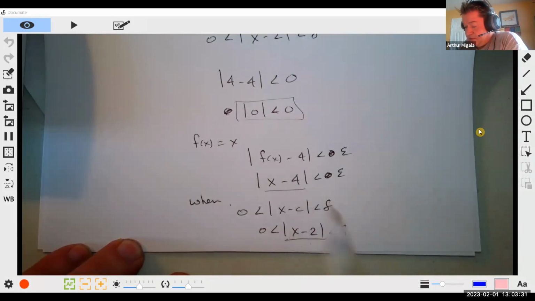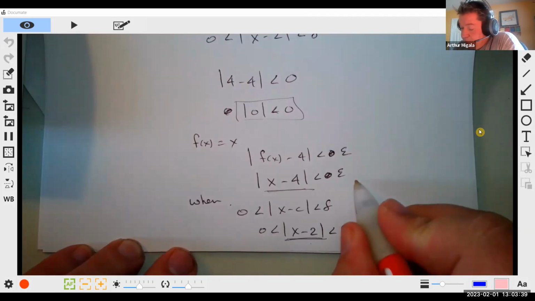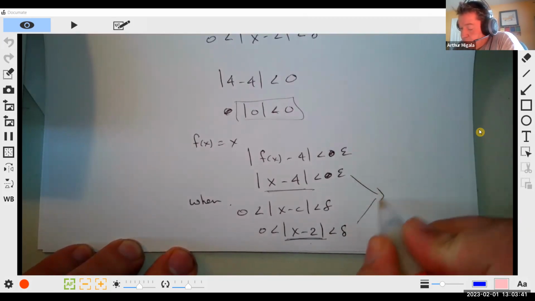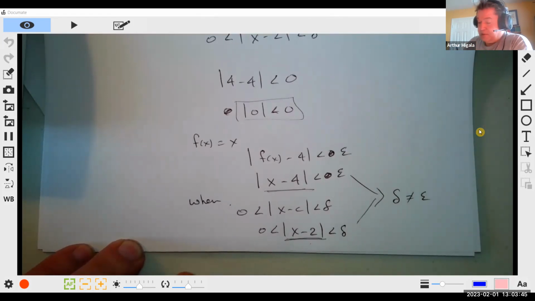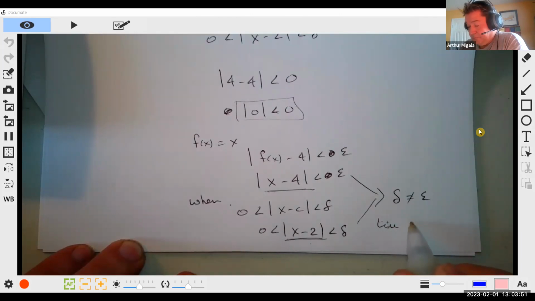So these functions are different. What does that mean? We can't find a relationship between epsilon and delta. The reason we can't is because it's a linear equation. It's a horizontal line.